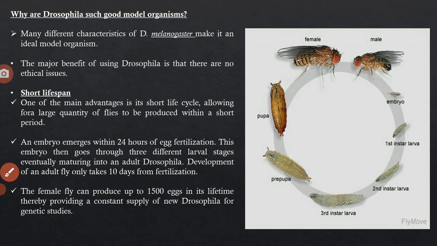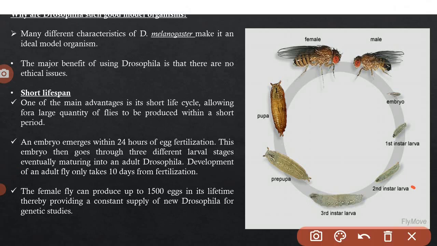Next, Drosophila is a good model organism for some reasons. First, there is no ethical issue. If a researcher or scientist uses Drosophila as a model organism, they do not face any ethical issues, because of the production of large numbers of offspring.